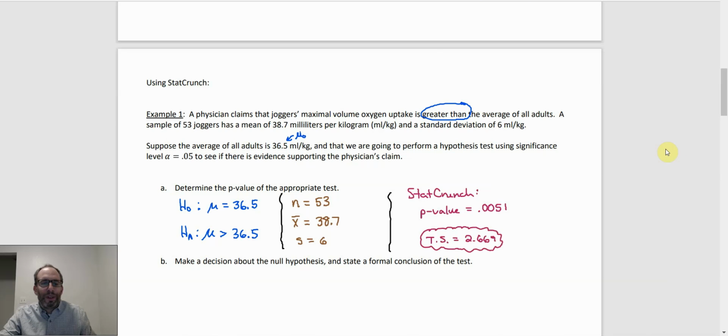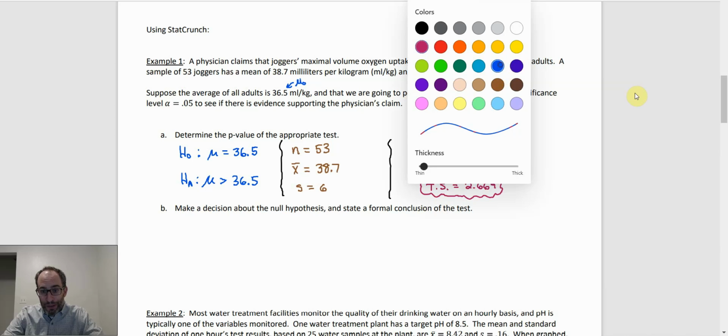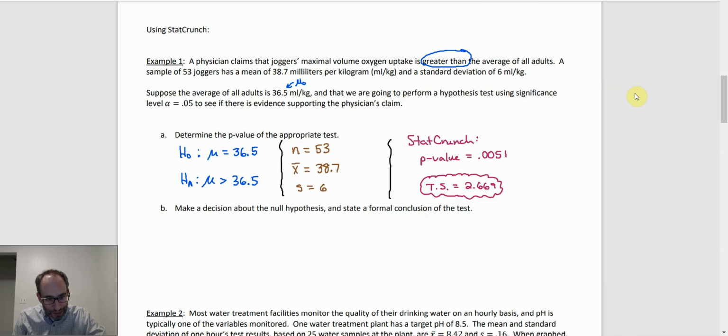All right. So then we're going to make a decision about the null. Well, just like before, this part works the same way. Even though it's about a mean instead of a proportion, you still compare the p-value to alpha, and if the p-value is smaller, then you're going to reject the null. Here, the p-value is smaller, so we are going to reject the null, right?